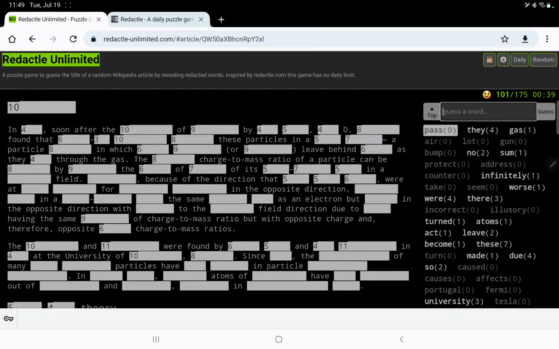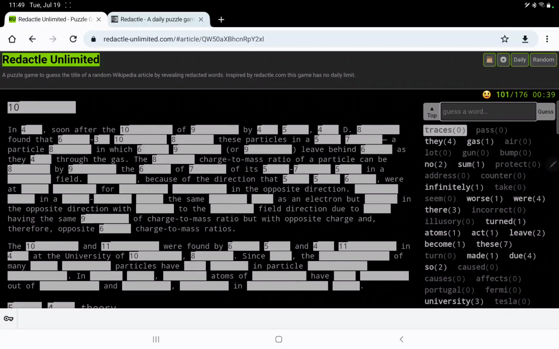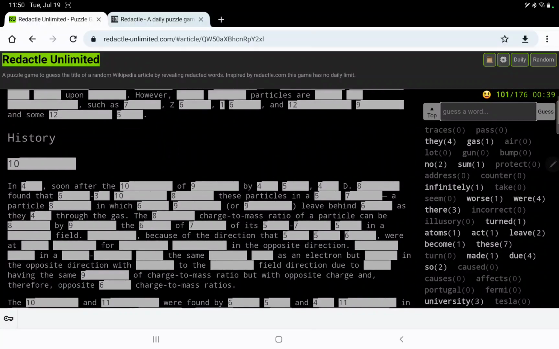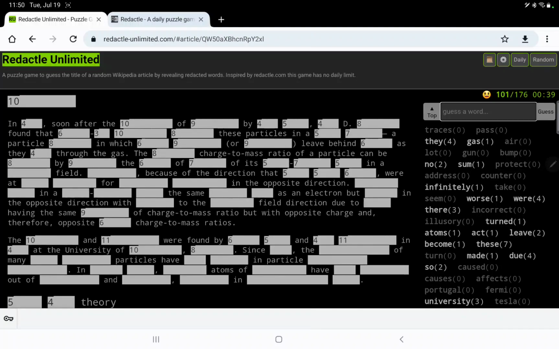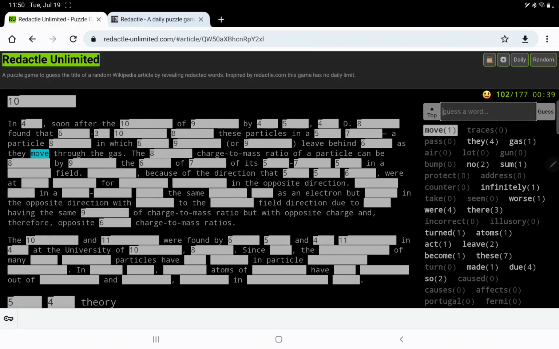So it's not pass gas. They leave behind traces. No, they leave behind something as they flow. No, as they something through the gas. Move. Did I do move? No, I did not.